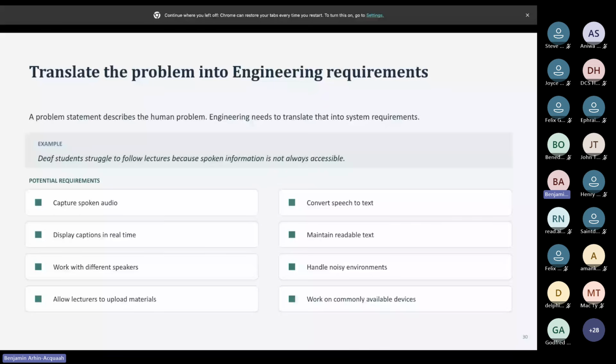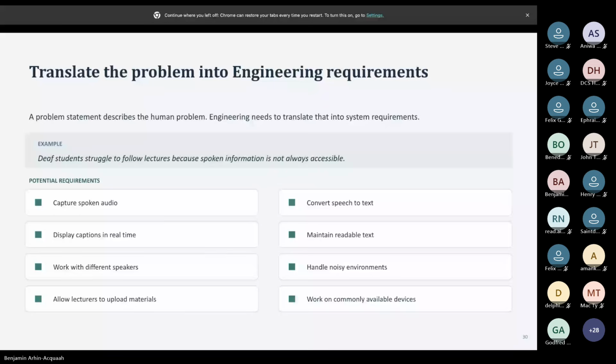So you want to capture spoken audio, then convert the speech to text or display captions in real time, and maintain readable text so that it is understandable for the person reading.